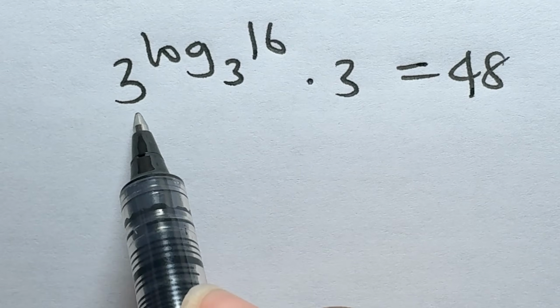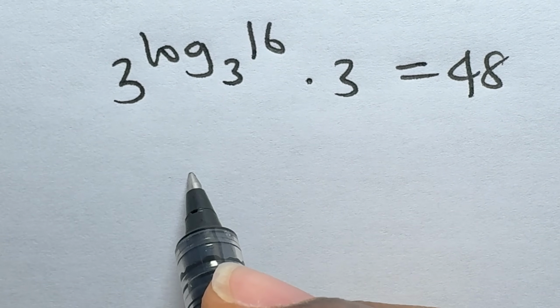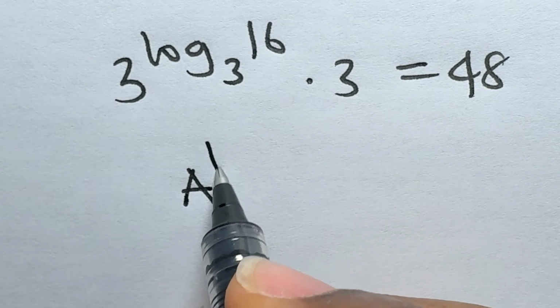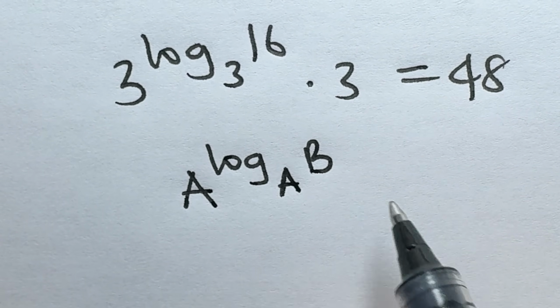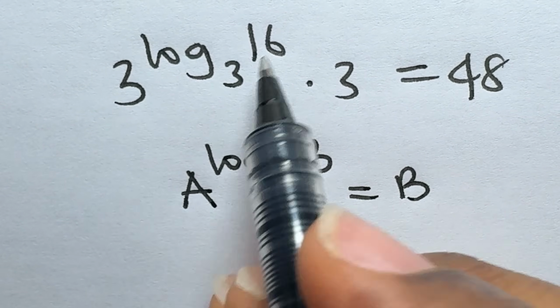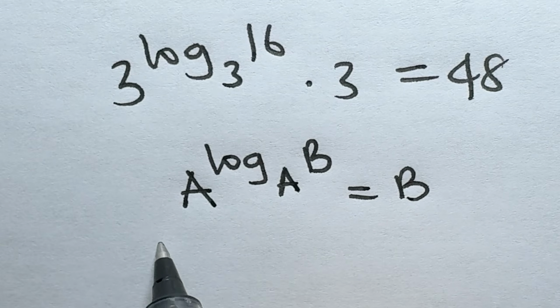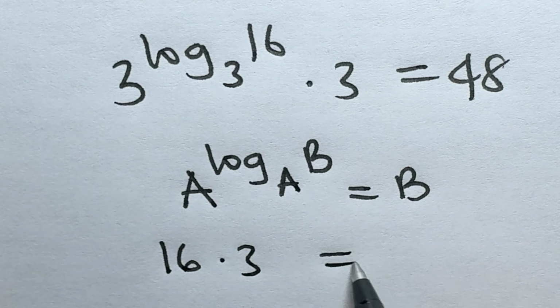This expression, 3 raised to power log 16 base 3, is of the form a raised to power log b base a. By law of logarithm, this will give us b. So this expression will give us 16. Therefore, we have 16 times 3 to give us 48.